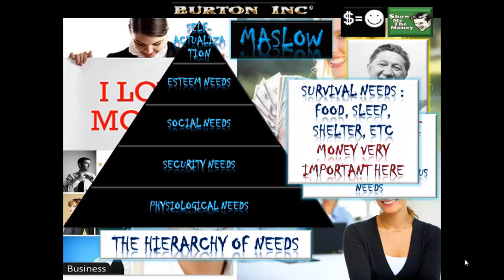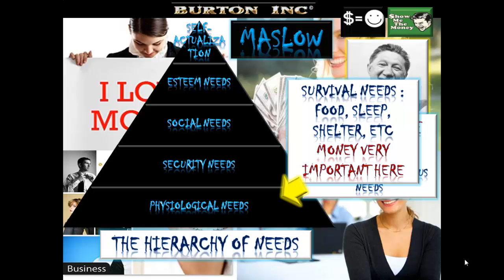Now for Maslow, money was only one motivator, and that typically comes under security needs. Have enough money, food on the table, provide for our families. But before we get even here, there are physiological needs that we need to be able to satisfy.